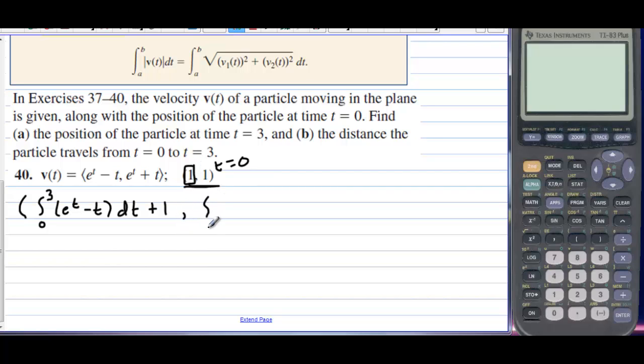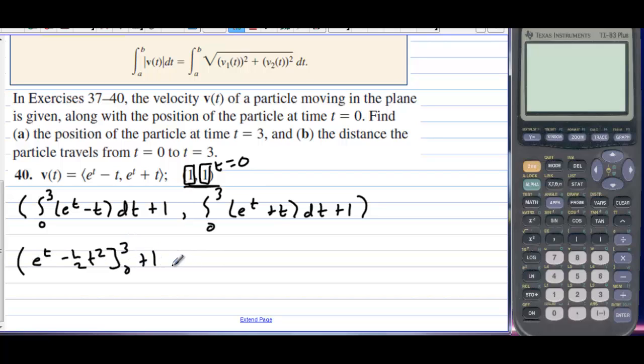The y-coordinate is going to be the integral from 0 to 3 of e to the t plus t dt, and plus 1 also, but that's actually coming from this one right here, and they just happen to be the same value. The integral of e to the t minus t is e to the t minus 1/2 t squared, evaluated from 0 to 3, and then we'll add 1 to that.